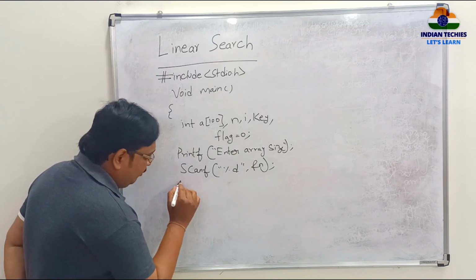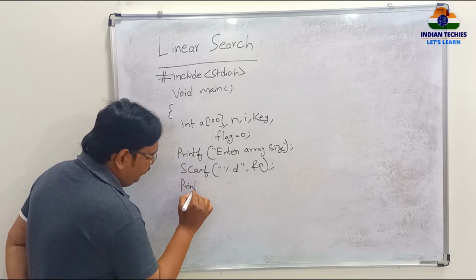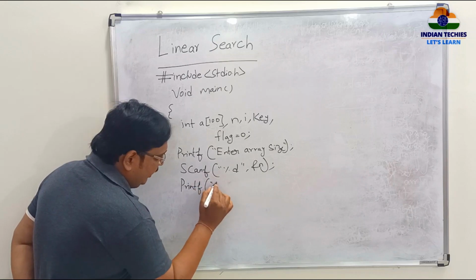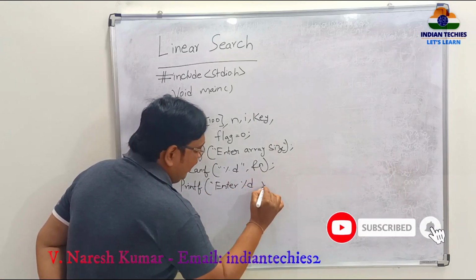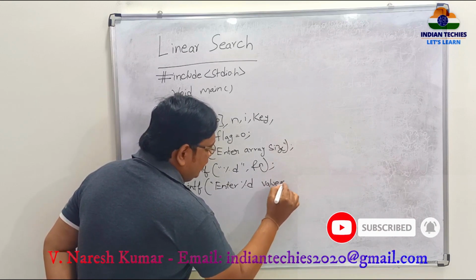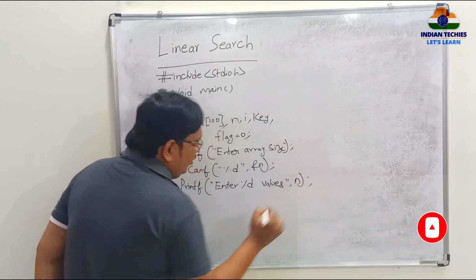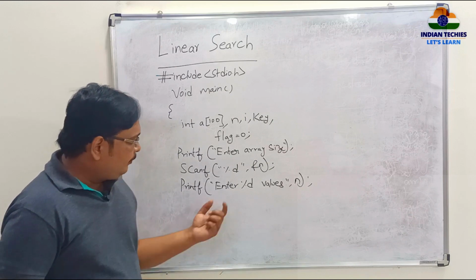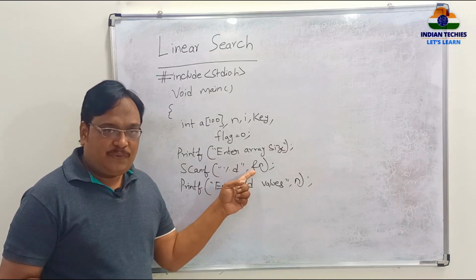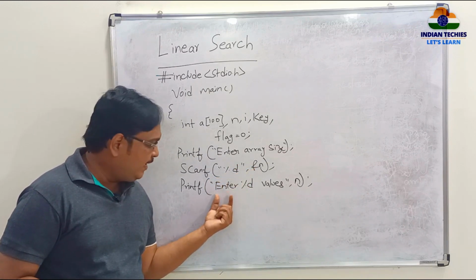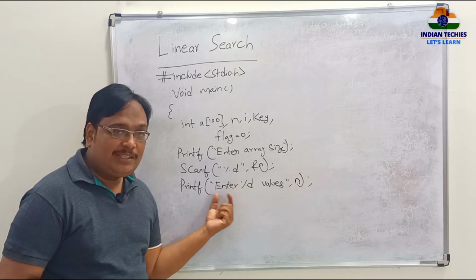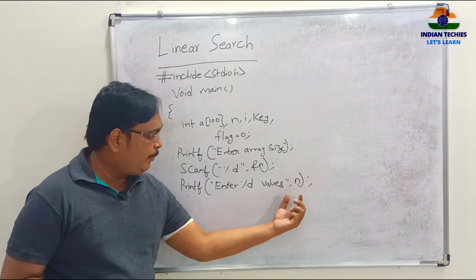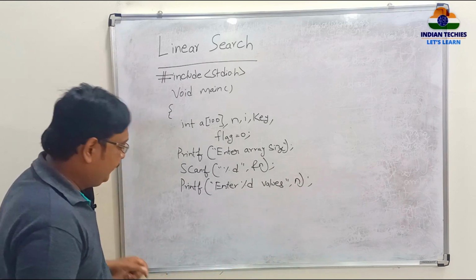So I have to take that many values as input. That is printf("enter %d values"). So what is this %d? It is n. Why I have written it like this is, if I enter the n value as 5, it will show the output as enter 5 values. If I enter the n value as 10, it will show the output as enter 10 values. So based upon this input, the output also will be done.